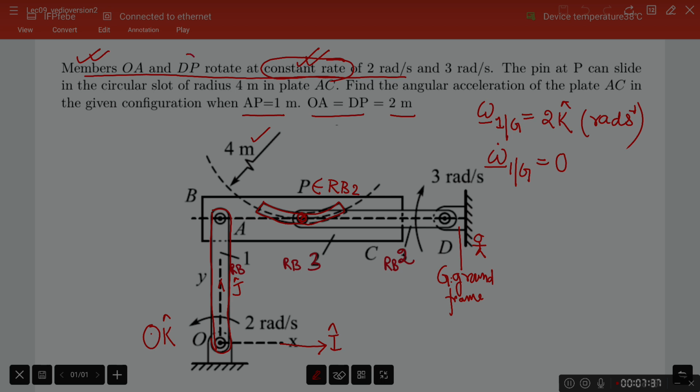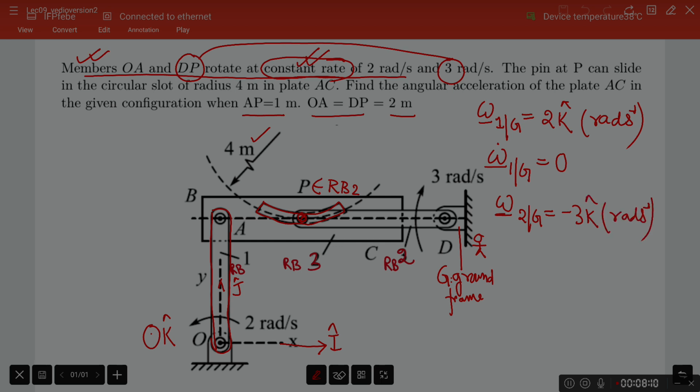Similarly, I interpret the information about DP and write these two expressions. First was OA and DP is RB2. So I write omega 2g as minus 3k radians per second.